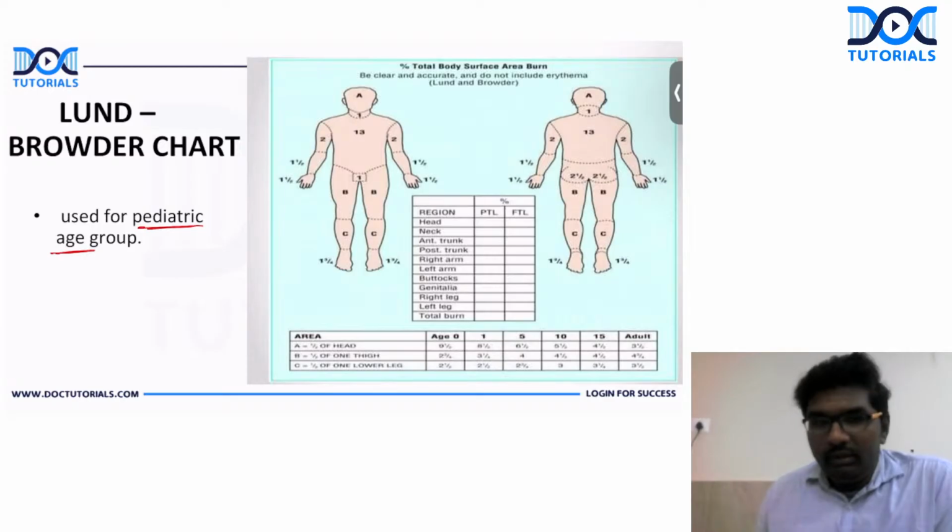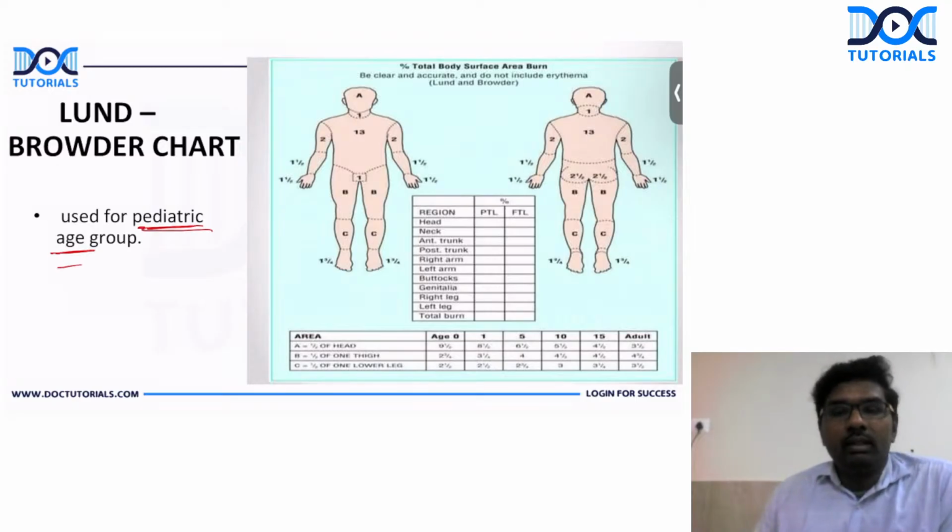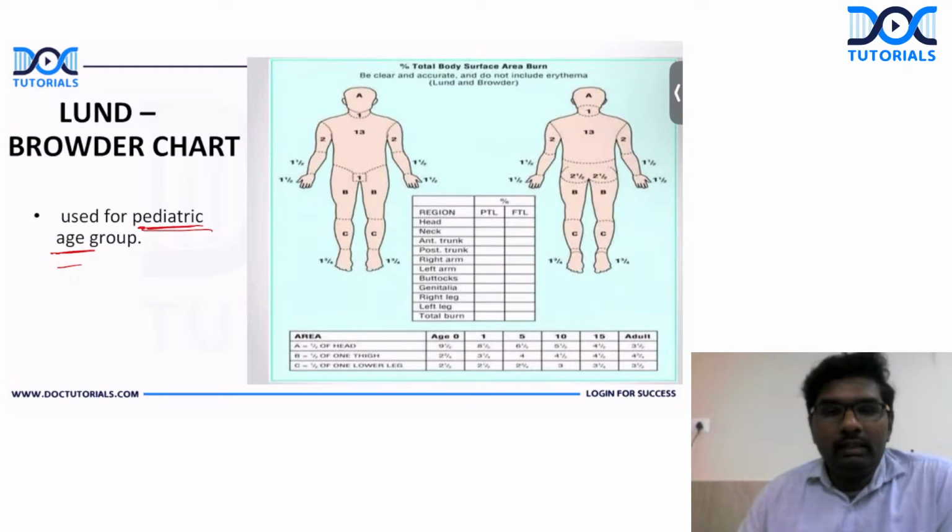And this image shows the percentage given for each individual part in children. This is more commonly used for the pediatric age group. If asked to name the method for calculating the percentage of total body surface area involved in the pediatric age group, the answer will be the Lund-Bruder chart.